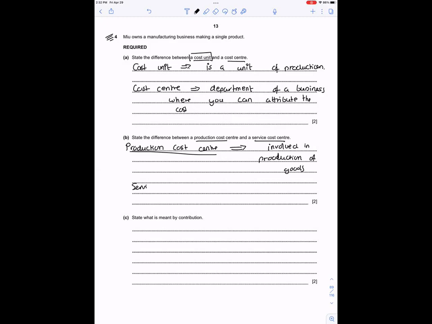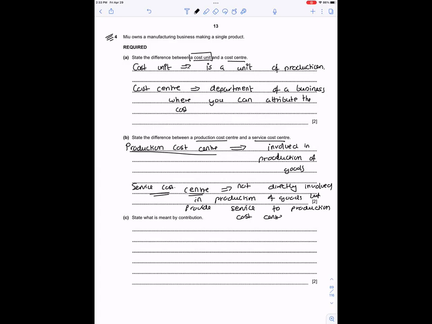They're not directly involved, but they give support for the production cost centers. So service cost center is not directly involved in production of goods, but they provide service to production cost center. Okay.